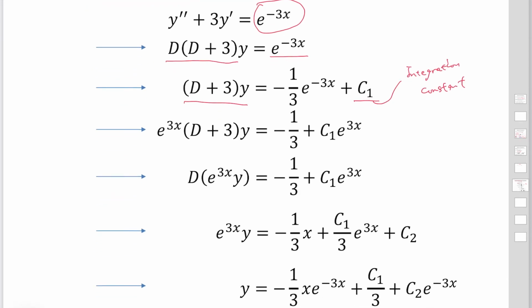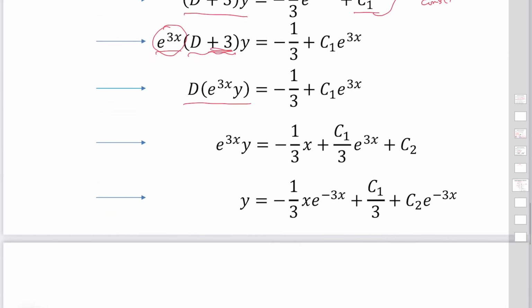Then as I explained, we multiply by e to the 3x, because this is positive 3, (D plus 3) y. As I explained, two terms combine into a single term by moving the exponential term inside the derivative. So D of e to the 3x y equals minus 1 over 3 plus c sub 1 e to the 3x.